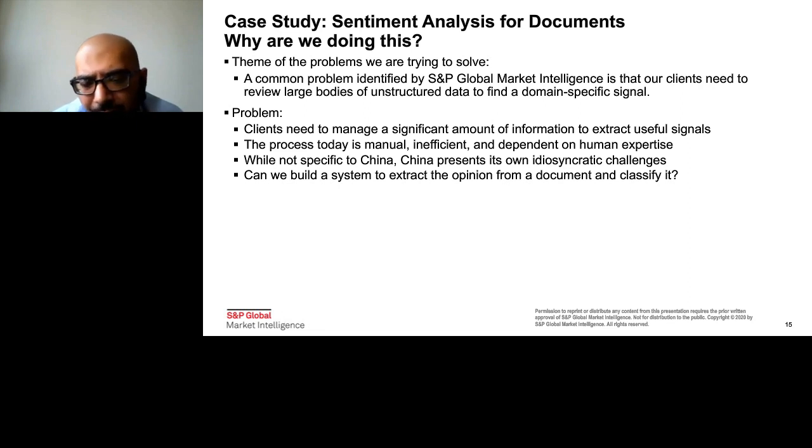So we're not trying to infer the opinion or guess how this opinion will influence, say, stock prices or probabilities of default. It's really just trying to take out the opinion and classify it as it exists in the document. If there's no opinion, there's basically no sentiment, right?